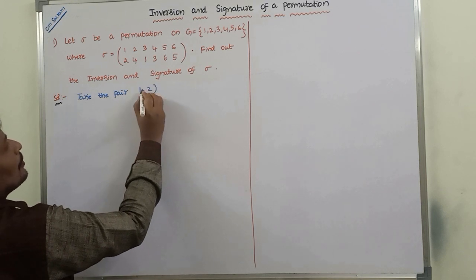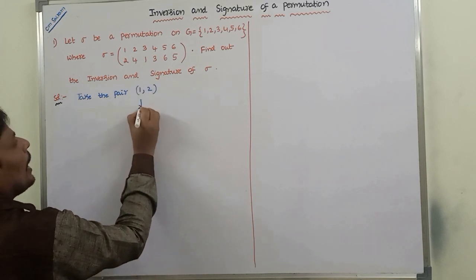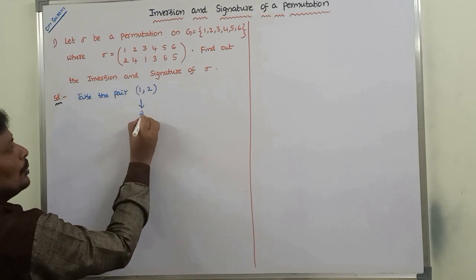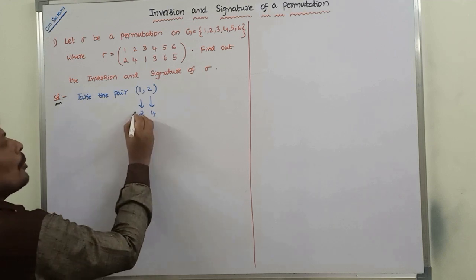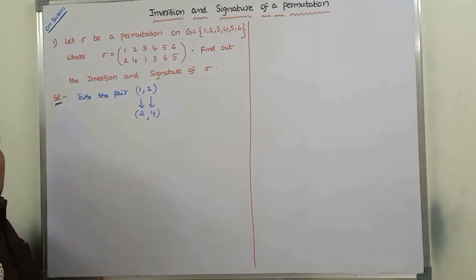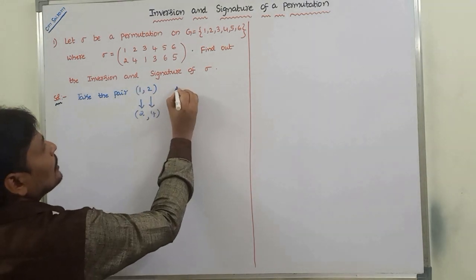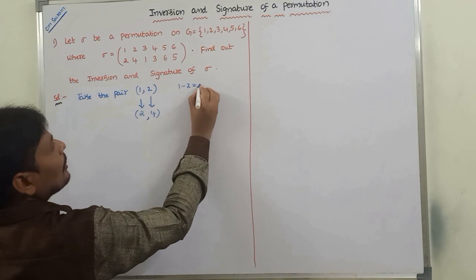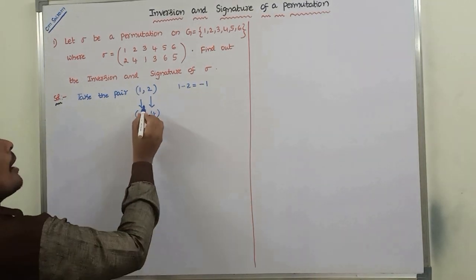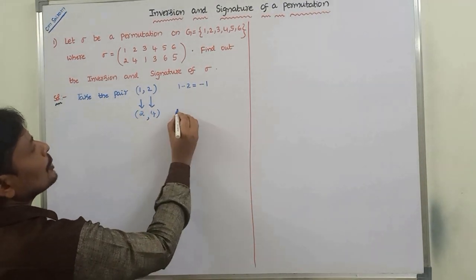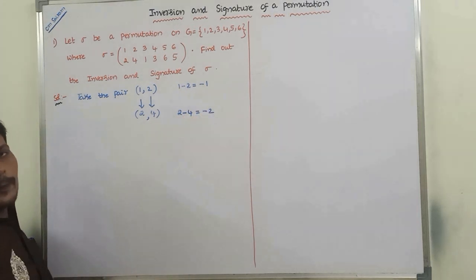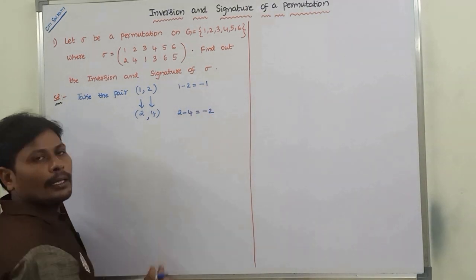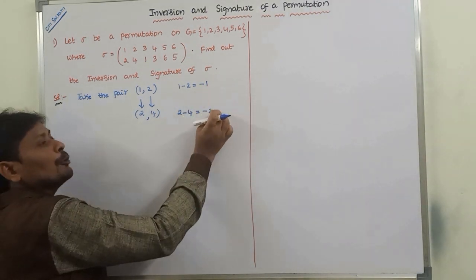1,2. Here, 1's image is 2, 2's image is 4. Now we have to find the difference between the elements of this pair. 1 minus 2 is equal to minus 1. We also find the difference between 2 and 4: 2 minus 4 is equal to minus 2. So both are negative values.